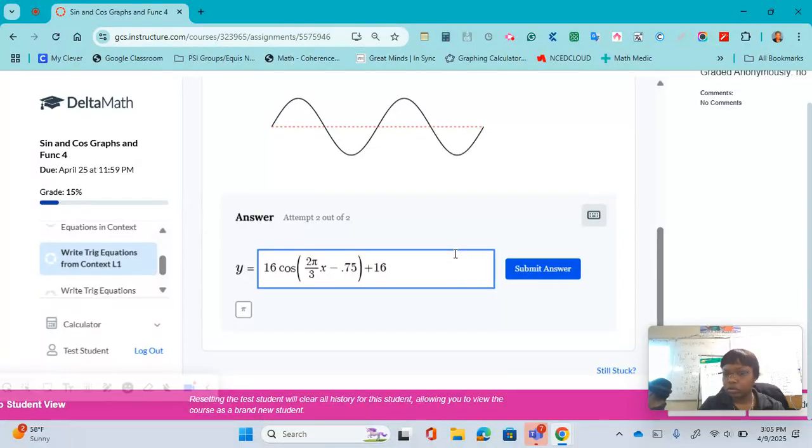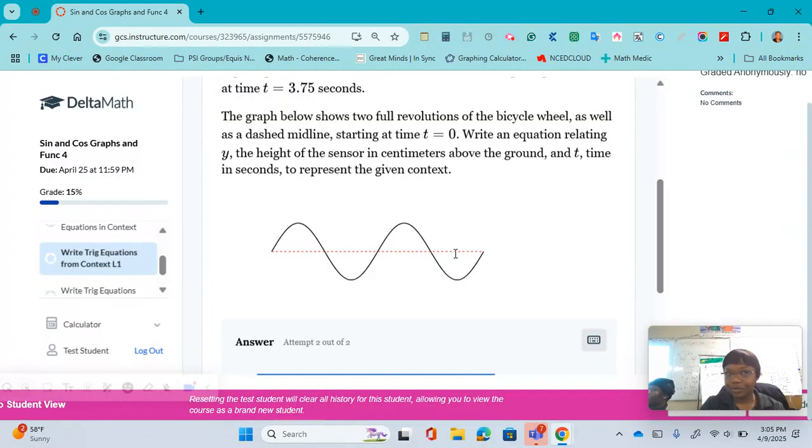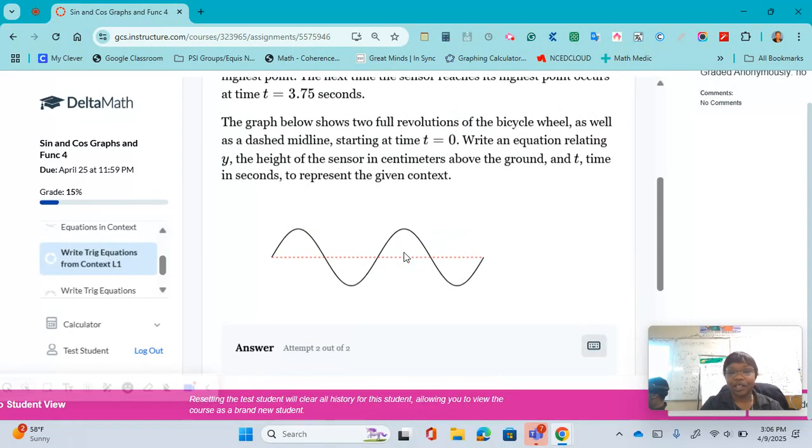I don't think it wants you to do the shift. Oh, did you get it wrong? Because I had this equation yesterday and I put sine. Oh, because the dashed line, the midline, starts at t equals 0. Okay, so if it starts at the midline, then we talk about a sine function.